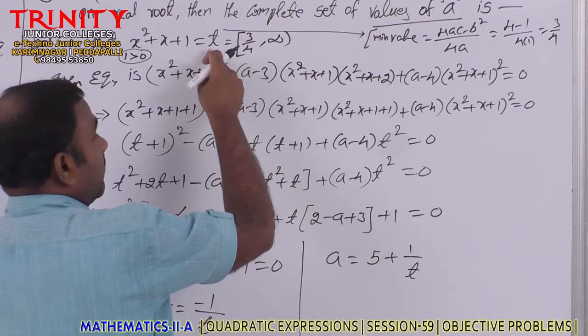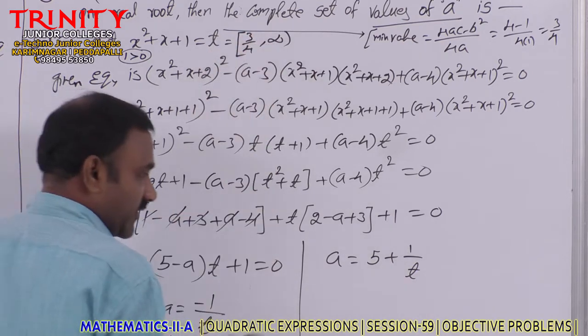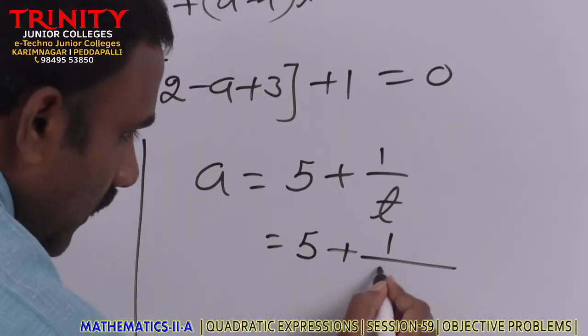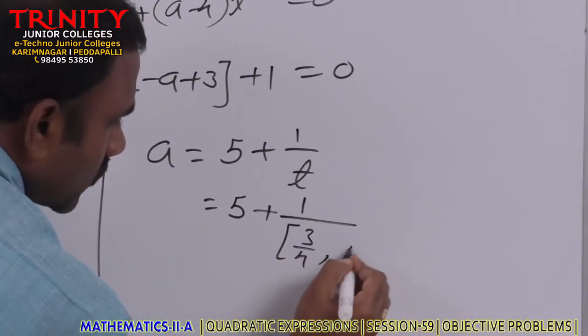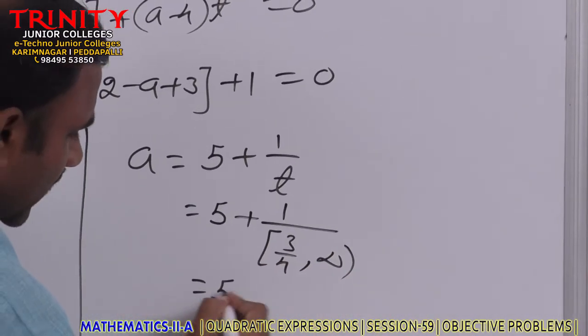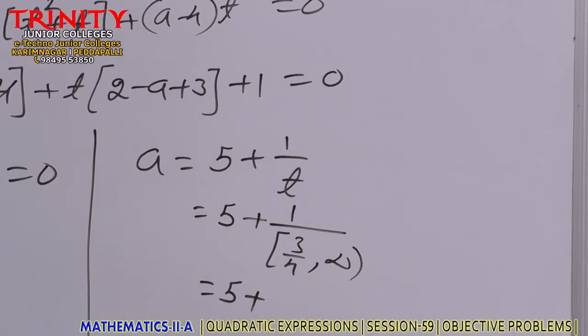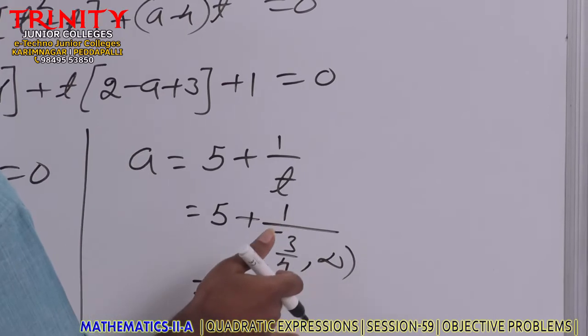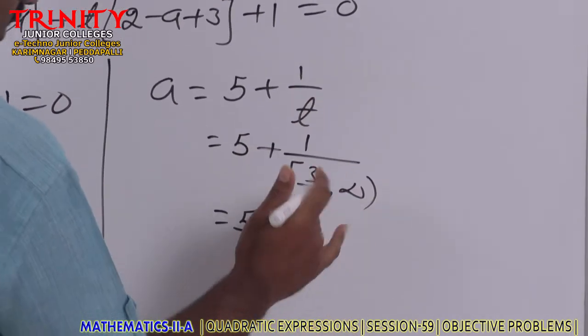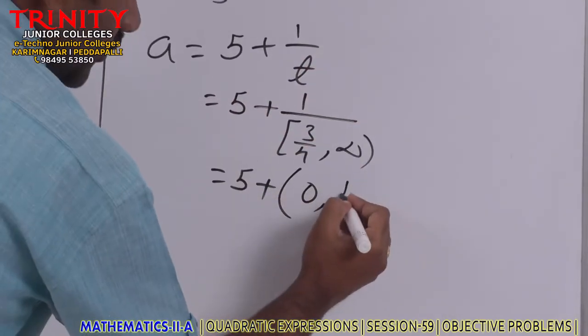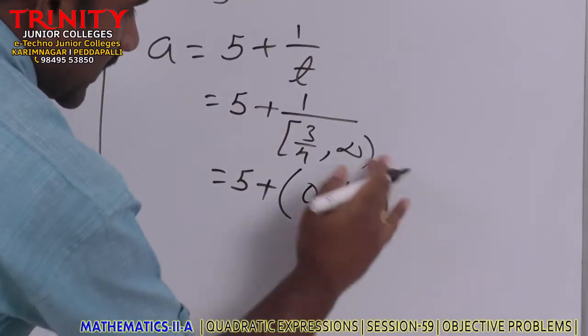Therefore, the t value is 3 by 4 to infinity, so 5 plus 1 by t, with t closed 3 by 4 to infinity. Now if we reciprocate, then the maximum becomes the minimum, the minimum becomes the maximum, and 1 by infinity is nothing but 0. 1 by 3 by 4 becomes 4 by 3.